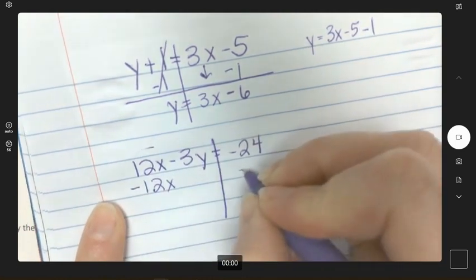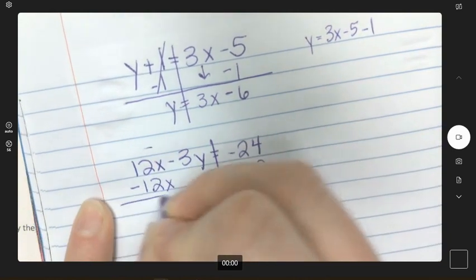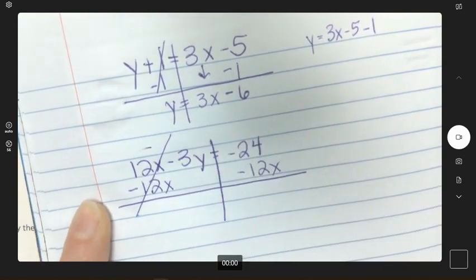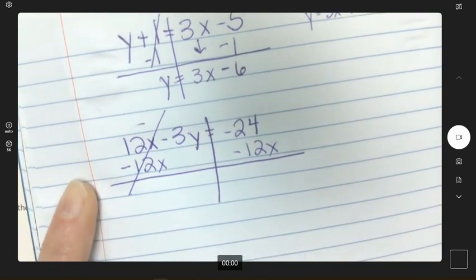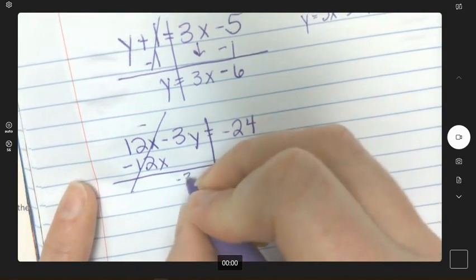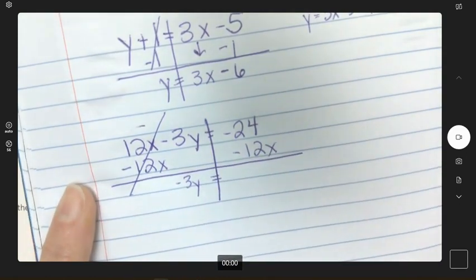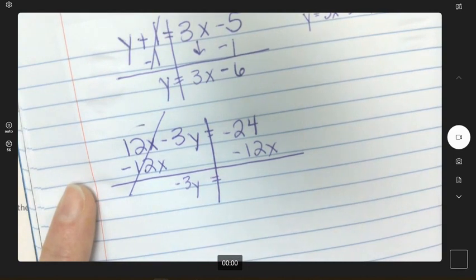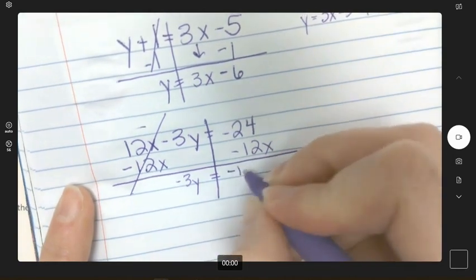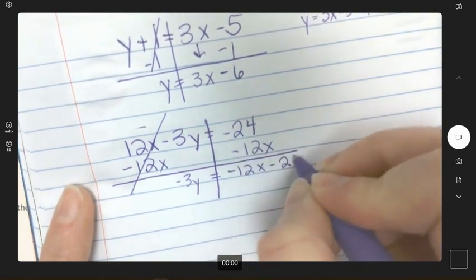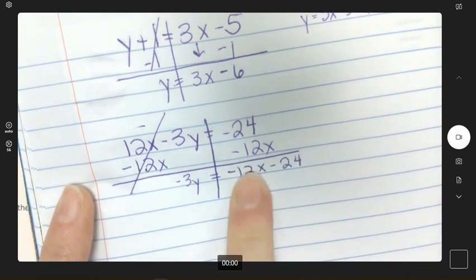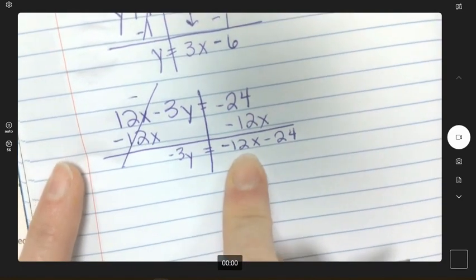You cannot combine these together. You keep them separate. I usually do the x value first. So my slope is negative 12x minus 24. I mean, that's not the slope because I haven't simplified all the way.